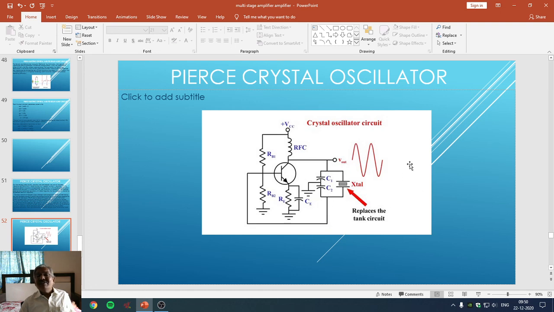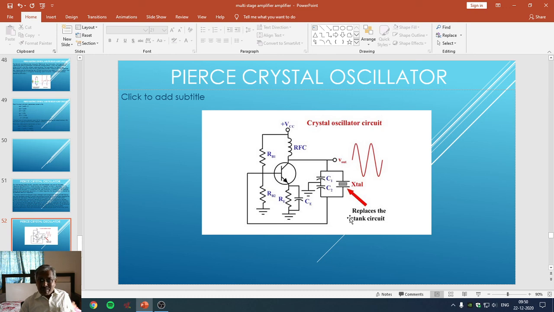C can be written as C1 C2 upon C1 plus C2. By this way it behaves like an oscillator, and as the inductance is replaced by the crystal, it is called the crystal oscillator.